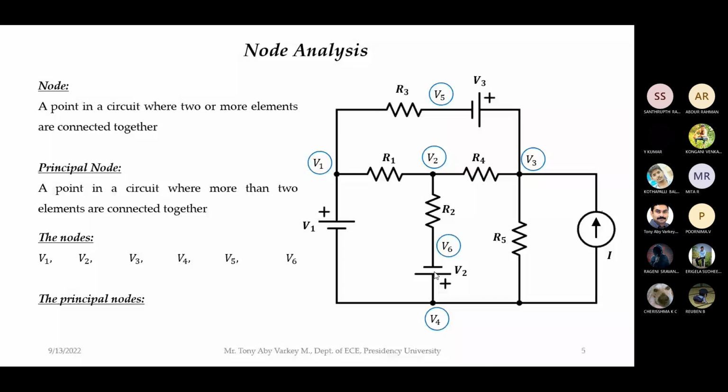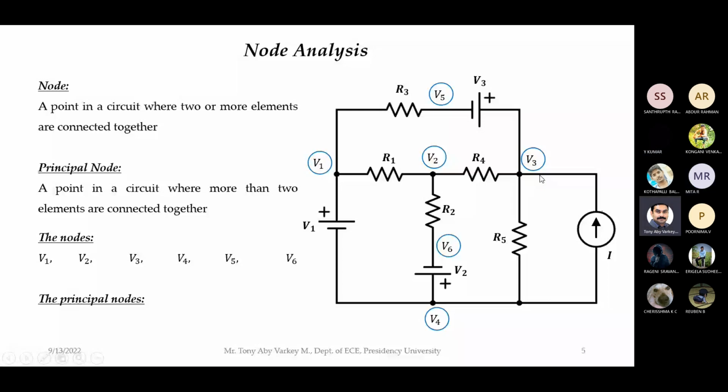Now, which is another principal node? V3. V3 is also a principal node because how many elements are connected there? At this point, how many elements are connected? Not 3, right? 1, 2, 3, 4. So it is a principal node.